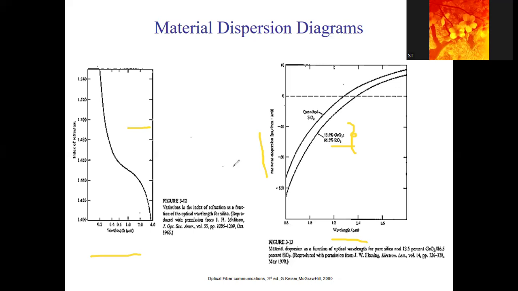You can refer to this in more detail in the given book. In the next class, we will discuss waveguide dispersion. There are two reasons for intramodal dispersion: one is material dispersion and the other is waveguide dispersion. So we will see waveguide dispersion in the next class. Thank you.